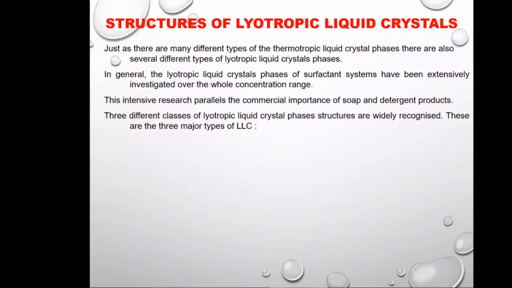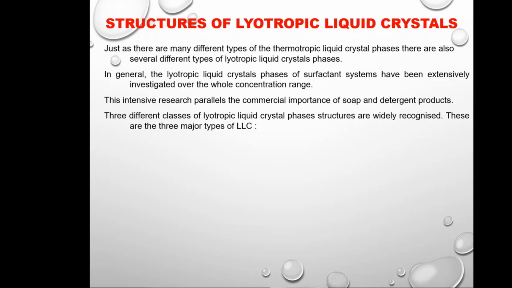Just as there are many different types of thermotropic crystals, as you can see on one of the first slides, there are also several different types of lyotropic crystal phases. In general, the lyotropic crystal phases have been extensively investigated over the whole concentration range.